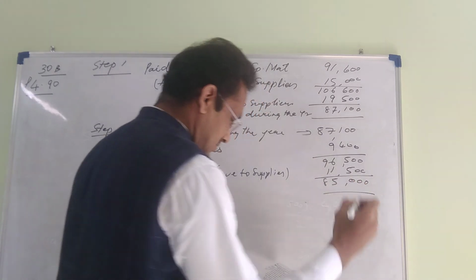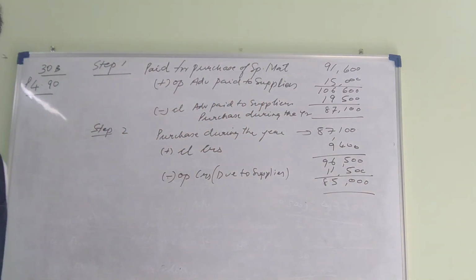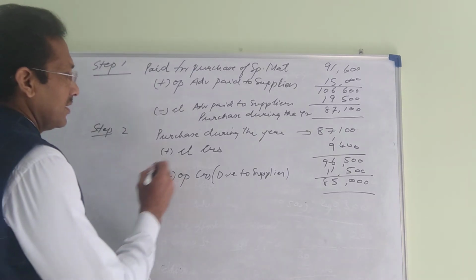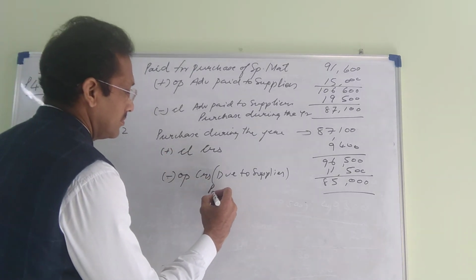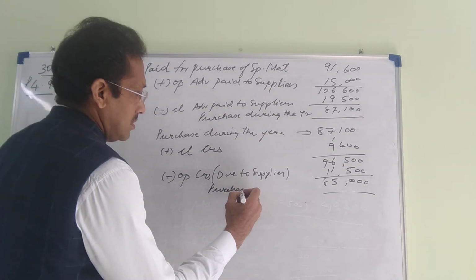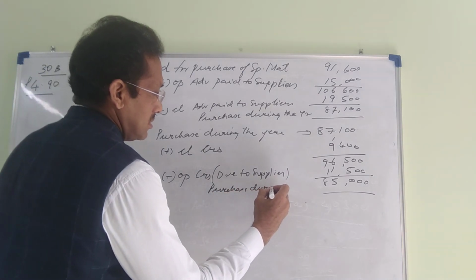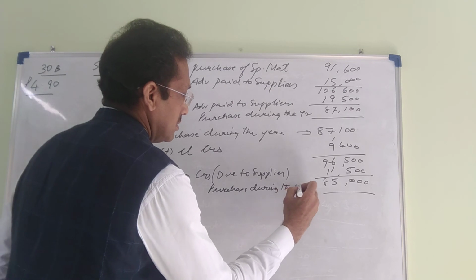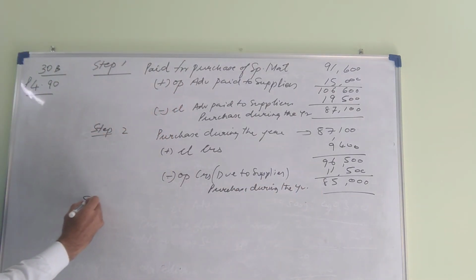So 85,000. What is this 85,000? It is the purchases during the year.